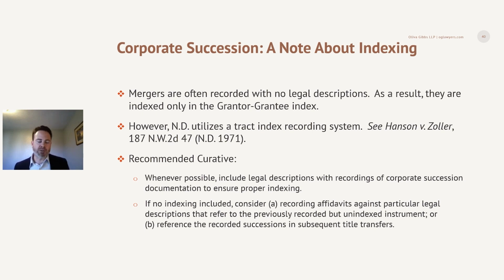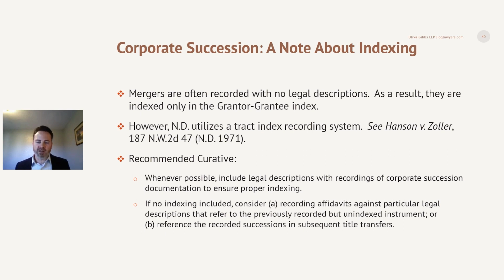If that's not possible, for the reasons we noted earlier, or the parties simply choose not to index against numerous lands, options to consider are an affidavit could be recorded that simply references that curative document and then also describes the tract of land that you're concerned about, such that as to your tract, all of a sudden this succession document becomes a part of the record.